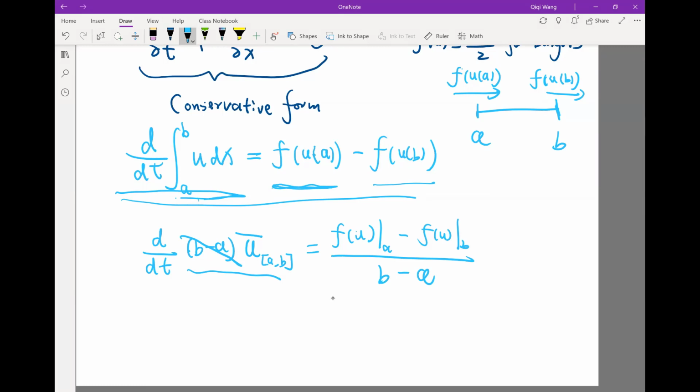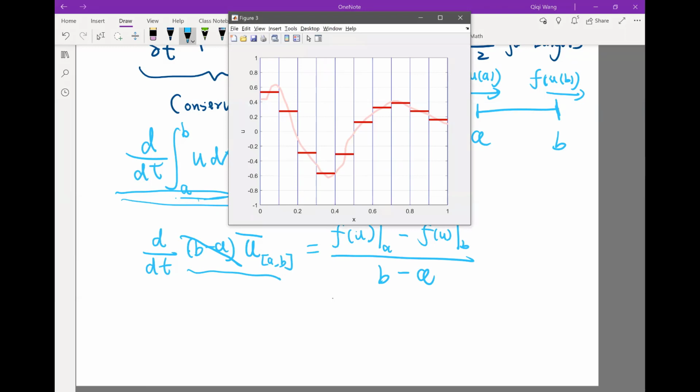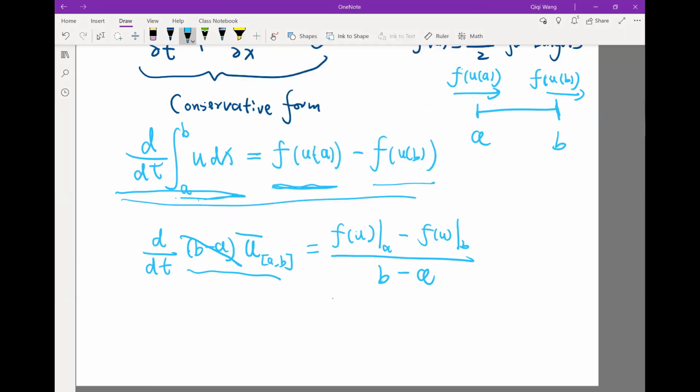Okay, so basically the integral form actually is our finite volume formula. It is saying that the time derivative of the volume average is equal to the difference in the flux over the left and right side of the volume divided by the volume size. Right? Make sense?